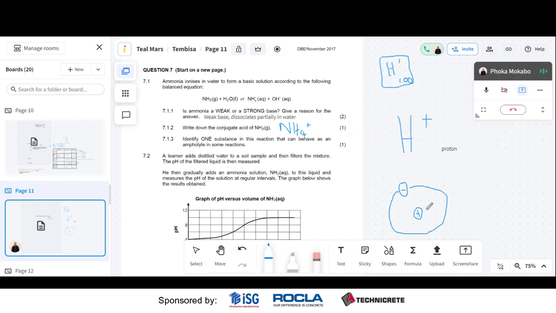Now, when you form an ion from hydrogen, you essentially are taking away that electron, and look what you end up with. You end up with just a proton.